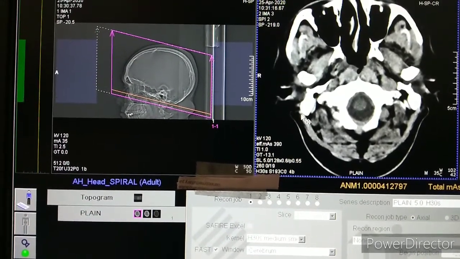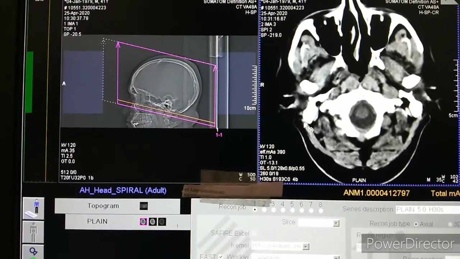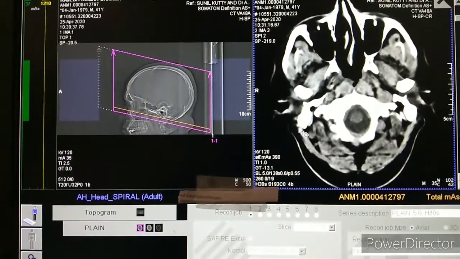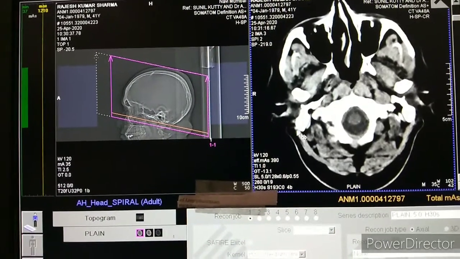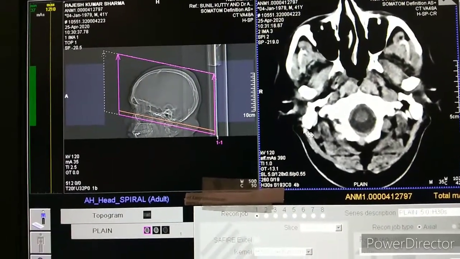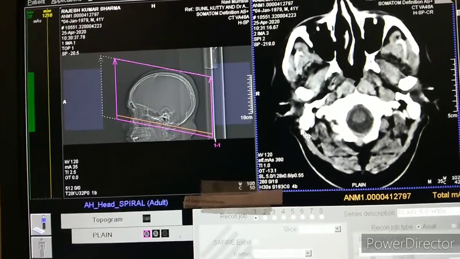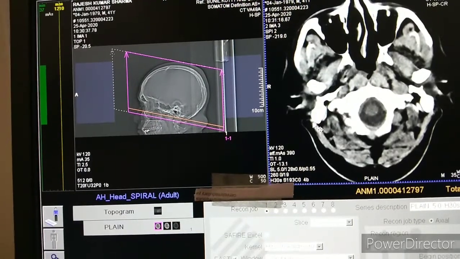OM line is orbitomeatal line, which is also known as canthomeatal line. It is defined as running from the outer canthus of the eye to the midplane of the external auditory meatus. This has the advantage of including the posterior fossa.